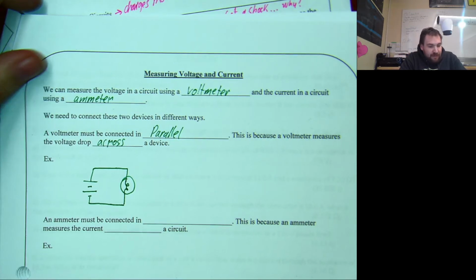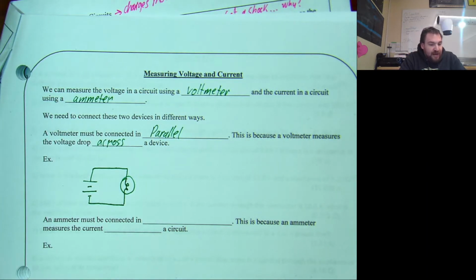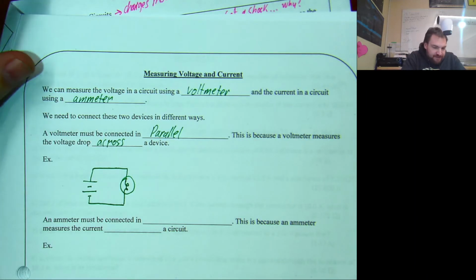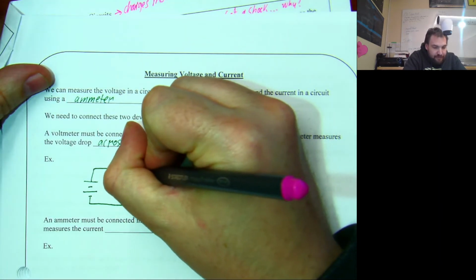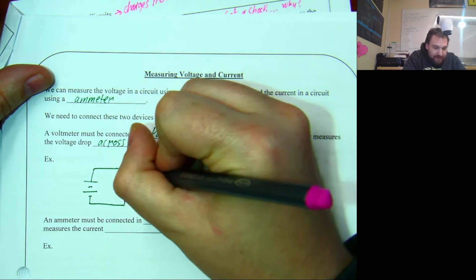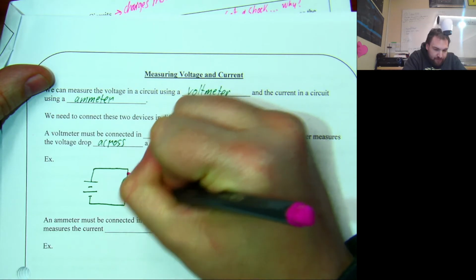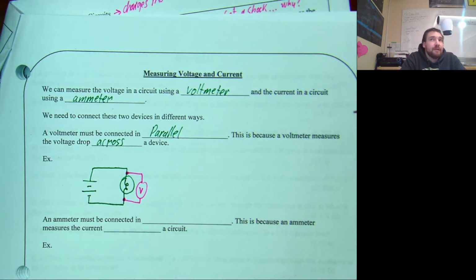Yeah. It's two AA batteries and a light bulb. It's a flashlight. If I wanted to figure out what the voltage drop is across that light bulb, I would connect my voltmeter around the bulb like this.